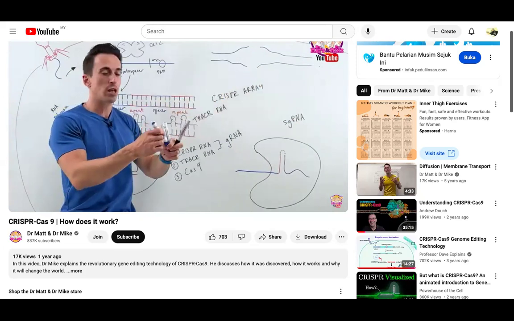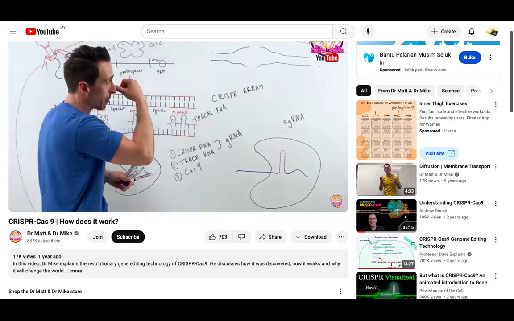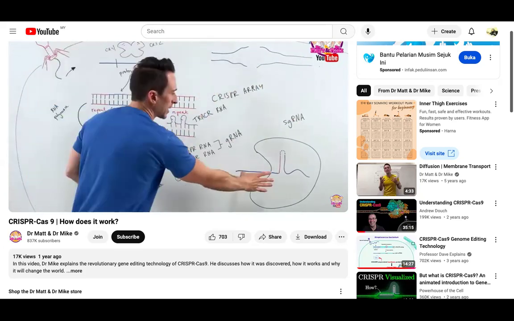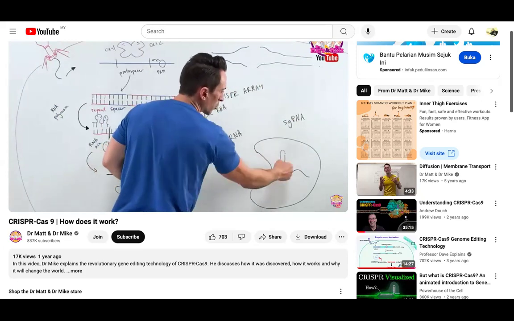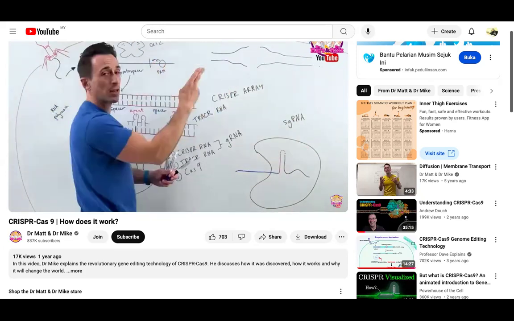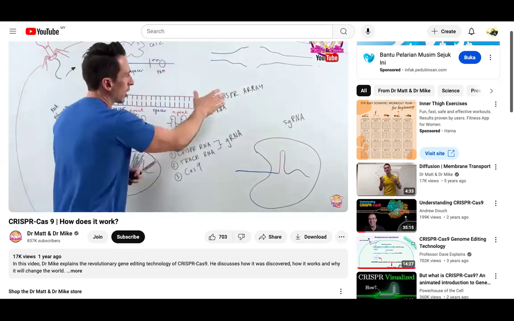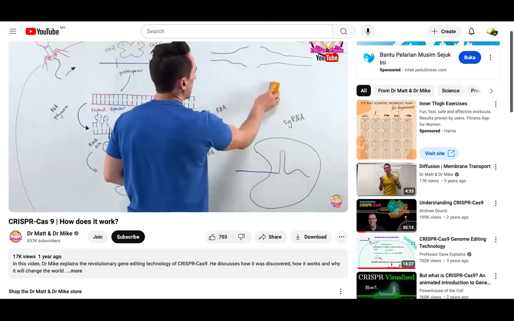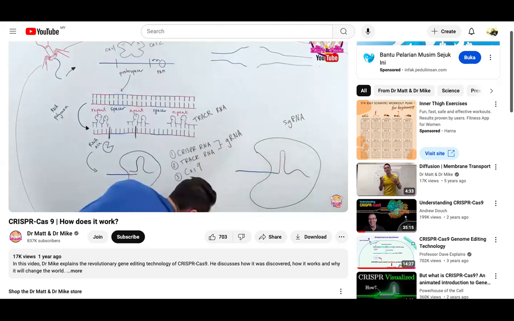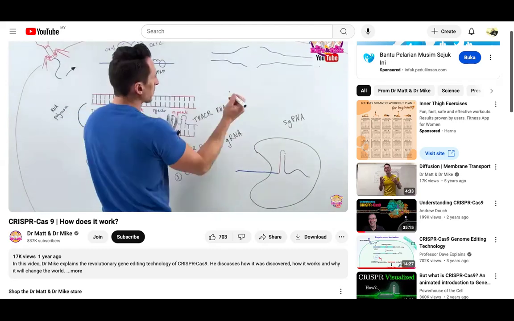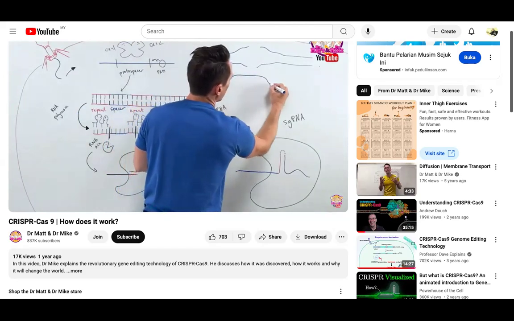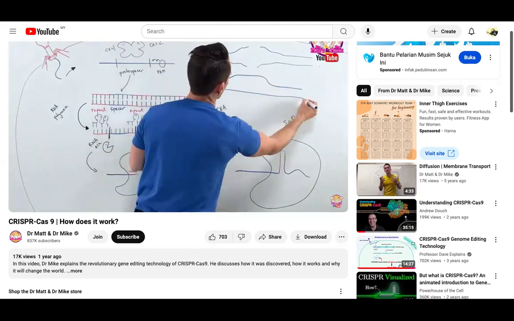What does this mean for gene therapy and gene editing? If this was in a human being, think about that. If we utilize this CRISPR technology with Cas9 and the single guide RNA, and we chopped a very specific part of our DNA like this, what does that mean? Well, humans actually contain 2 copies of every gene, so we've got another gene down here. This is if we use it for gene editing in humans.